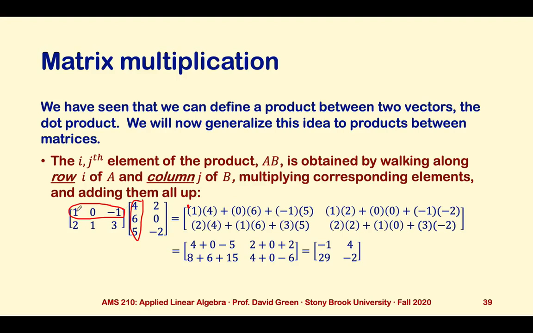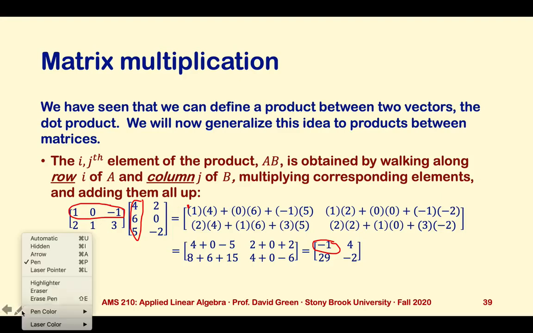We multiply corresponding entries, 1 times 4, 0 times 6, -1 times 5, and add up the results. This gives us 4 plus 0 minus 5 for an answer of -1 for that particular product.